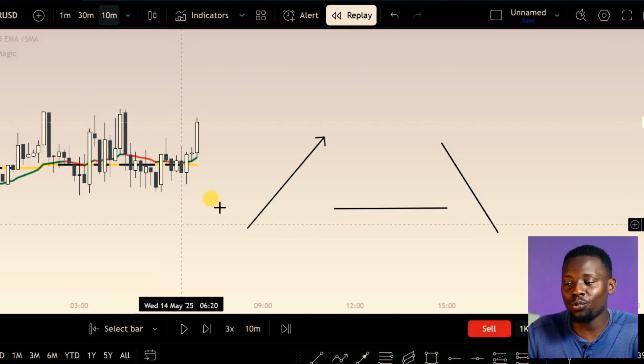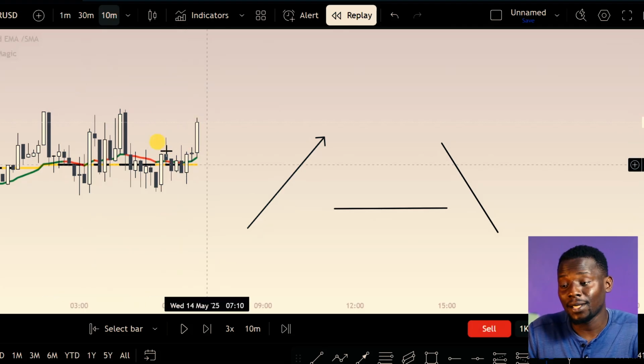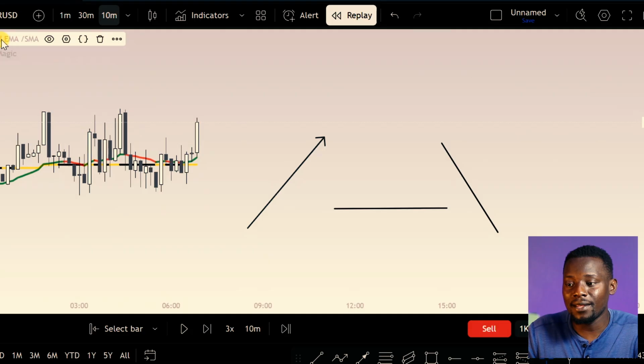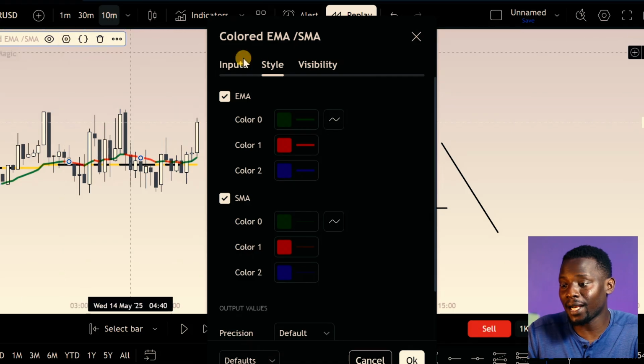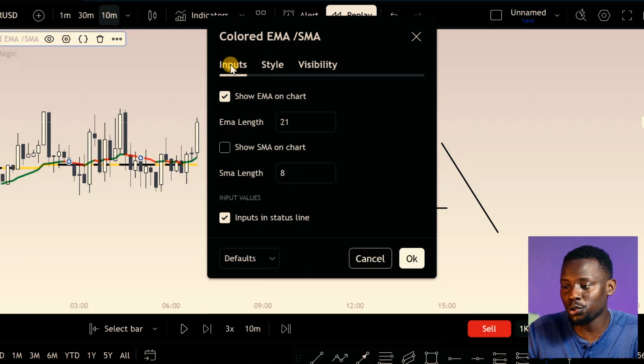So right now I'm on the 10-minute time frame. First and foremost, for this EMA, I like to use the 21 exponential moving average. So when I come to the settings, I go to the inputs, and I'm sure as you add it, because for me, I already have it. I like to set the EMA length to 21 because I want to use the 21 EMA.